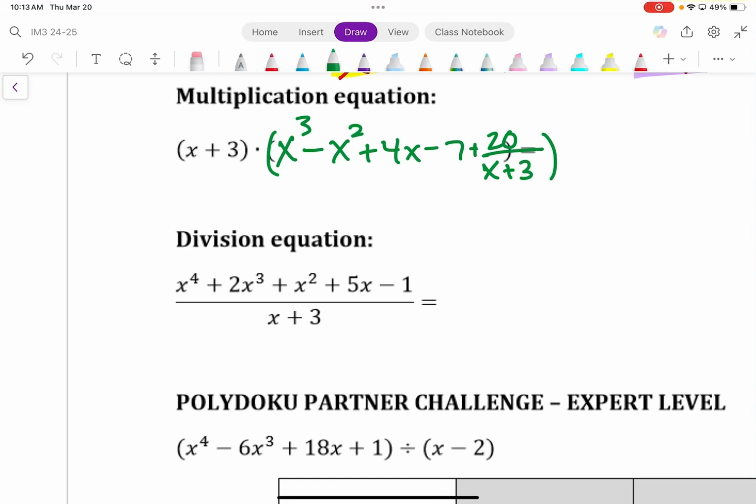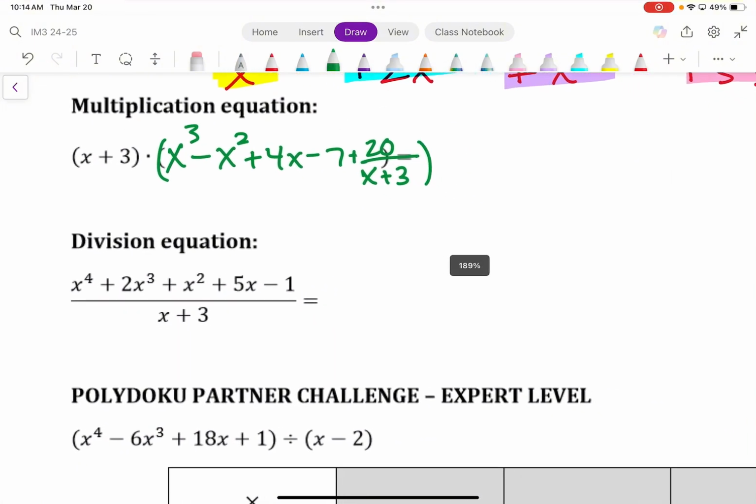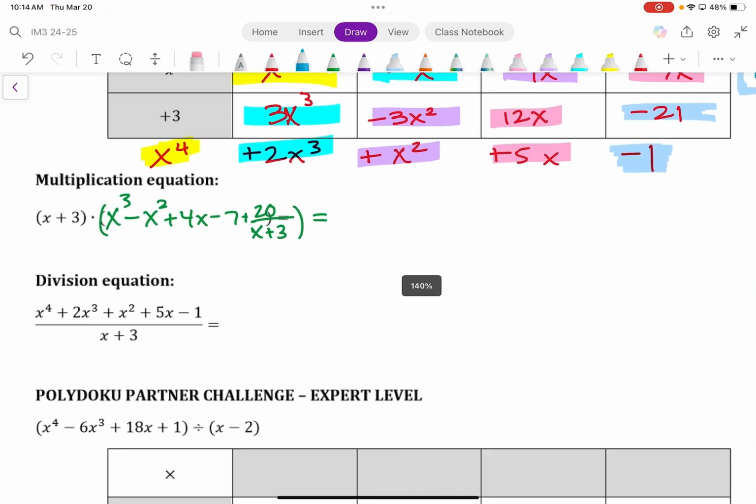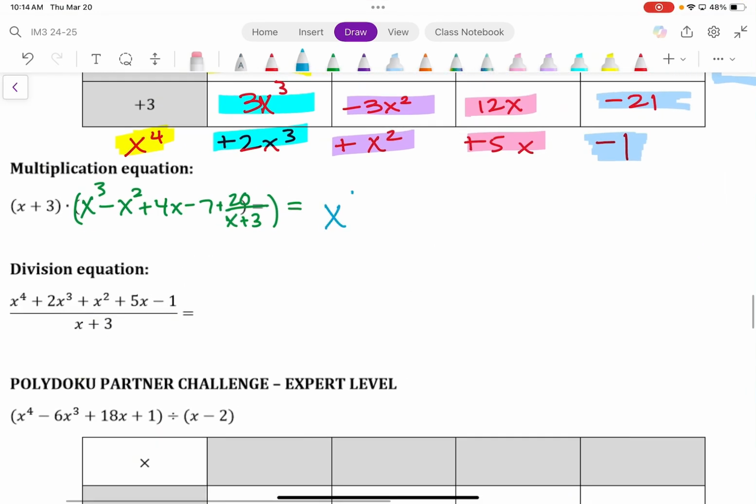Okay, so we have x plus 3 times x to the third minus x squared plus 4x minus 7 plus 20 over x plus 3. And that is your factor. That's the other factor. And then your answer you can write down here. X to the fourth plus 2x to the third plus x squared plus 5x minus 1.